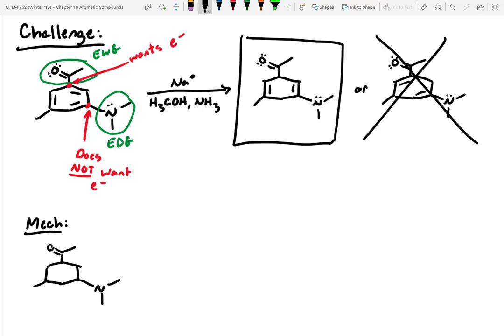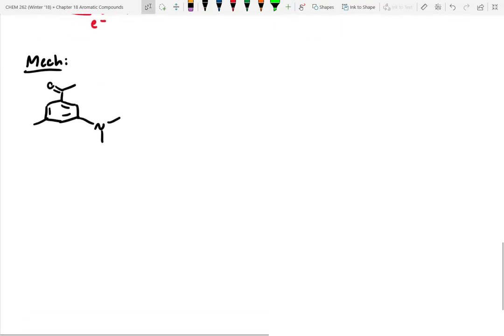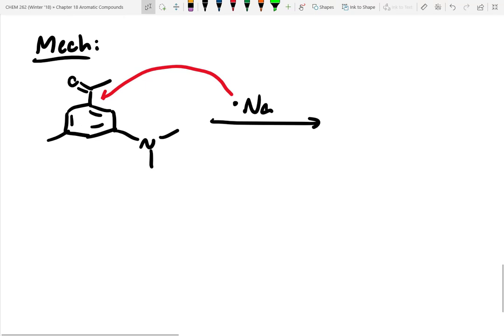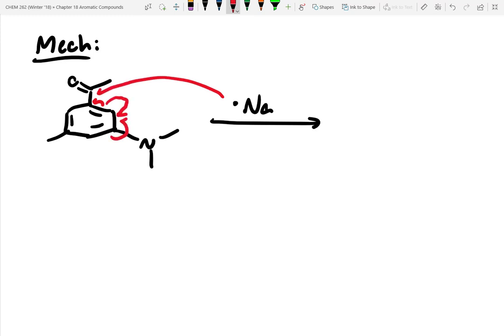Okay, so let me fill this all in. And we'll zoom in now and say, all right, we've got sodium here with its unpaired electron. We know it's going to kick electrons over to that carbon. Some of them are going to go over here.